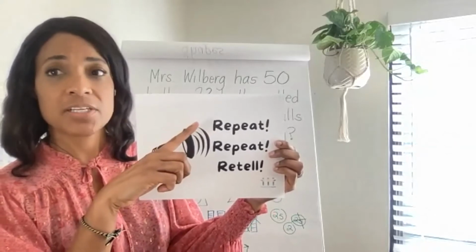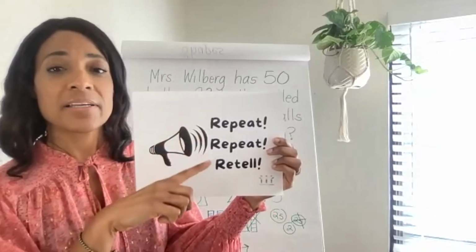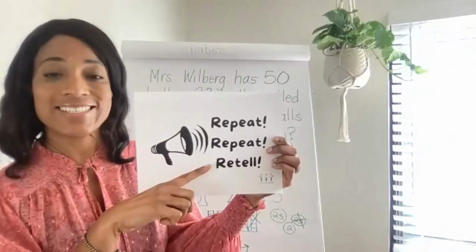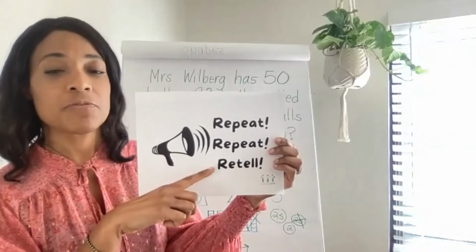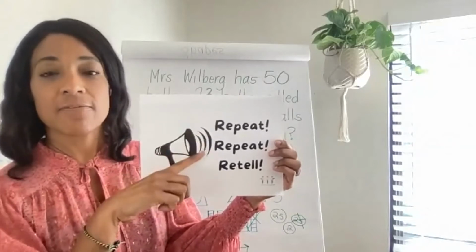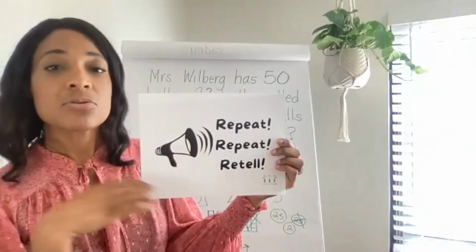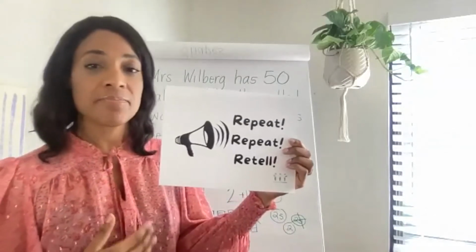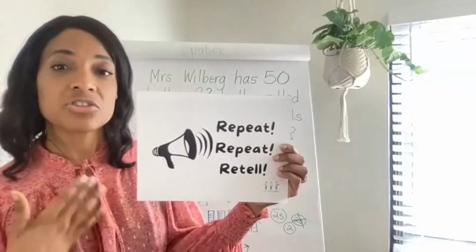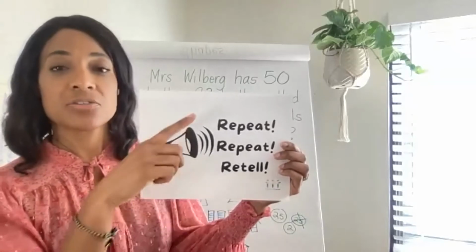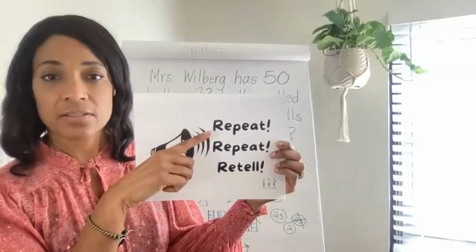And something I've noticed is that their ability to retell the details of a problem are far improved after they've repeated it several times. So when you're at home with your kids and maybe they have a word problem for homework, one of the strategies you could use is reading and then having them repeat.